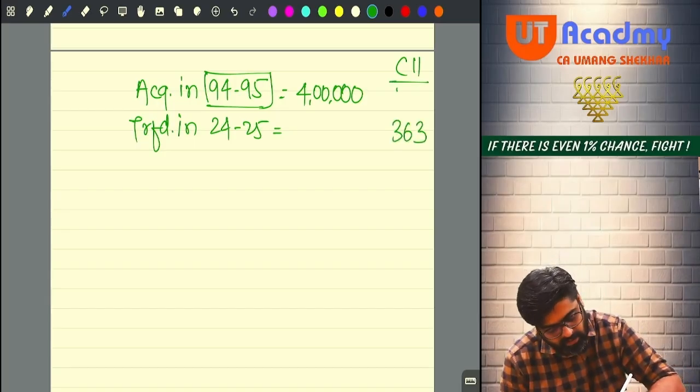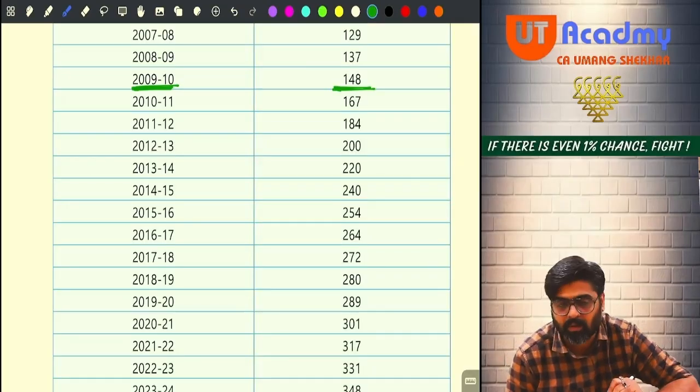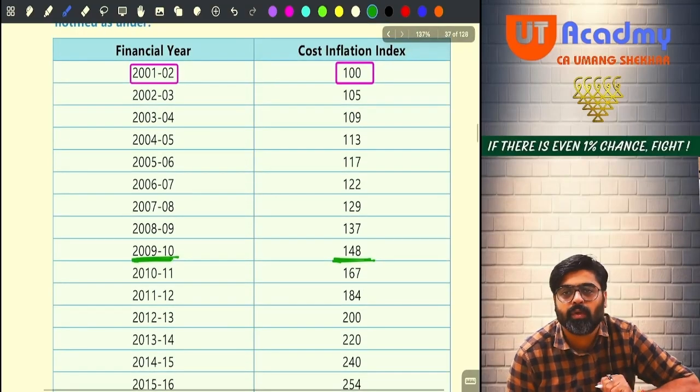But CII for acquisition year will be missing, because if you see the CII table, it starts from 2001-02 only.